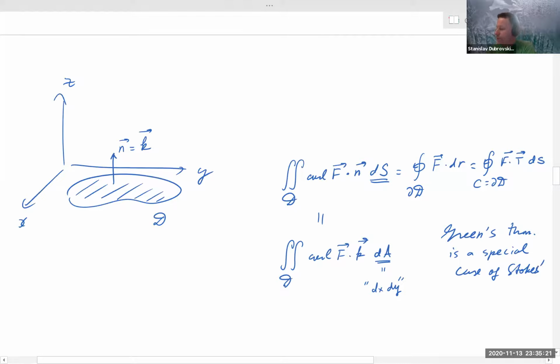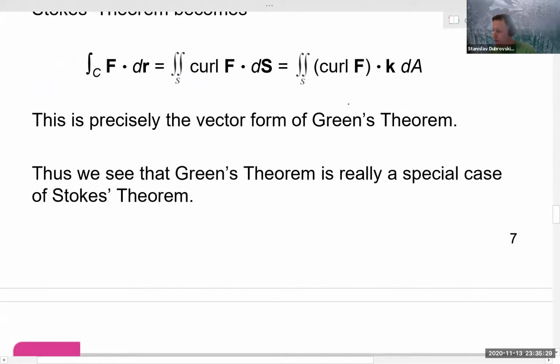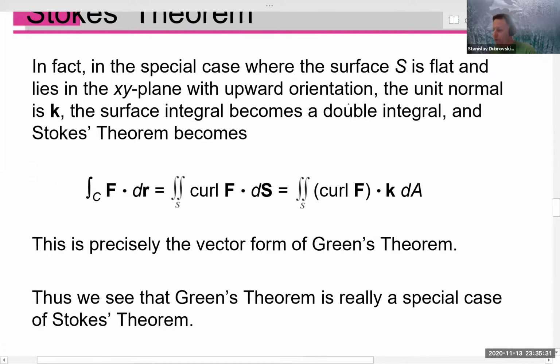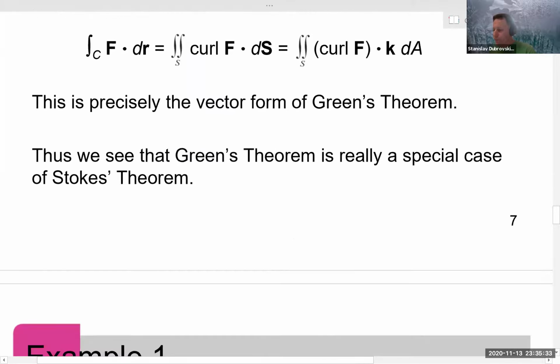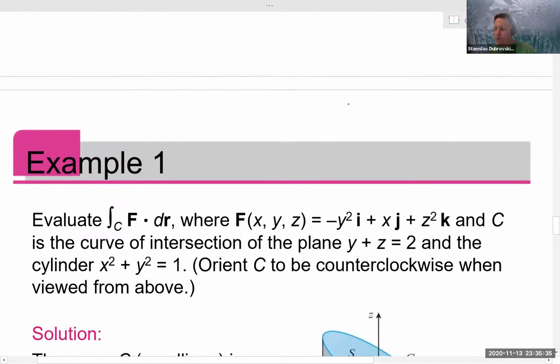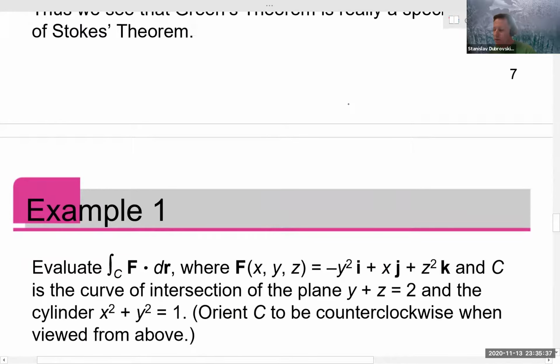Think about it, but let's move on to an example. So Green's is a particular case of Stokes. And in fact, if you walk through the steps in the proof, you will see how it is proved again by reducing it to Green's theorem on the plane.